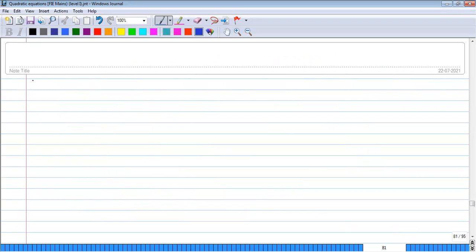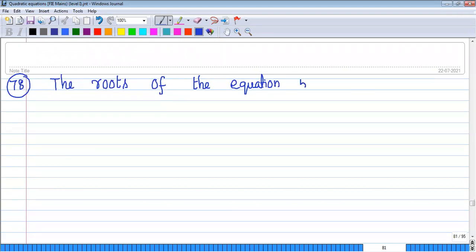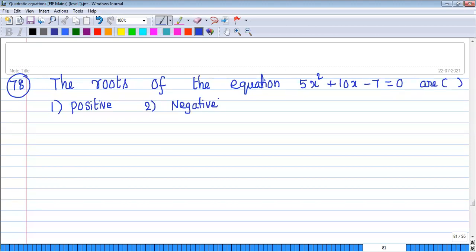Next, let us move to the 78. The roots of the equation 5x square plus 10x minus 7 equals to 0 are: first one is positive, second one is negative, third one is of opposite sign, fourth one is rational.